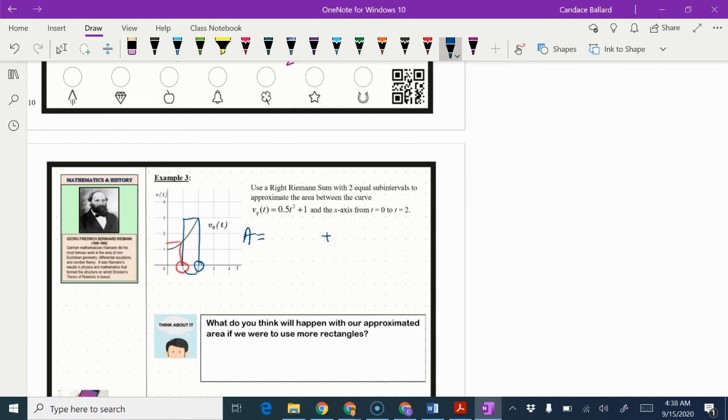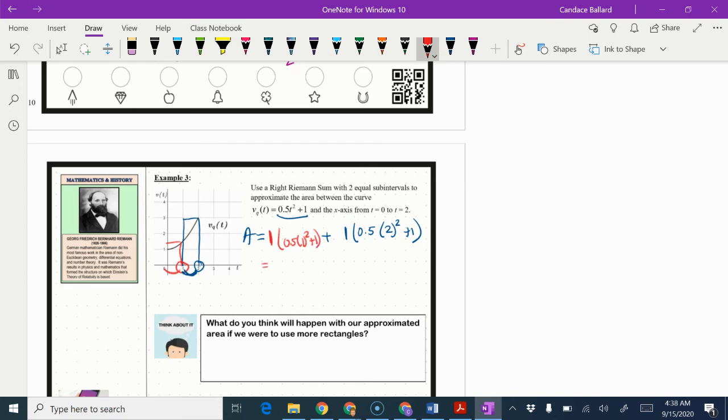So the distance in between, or the base of my rectangle, is 1. And I'm going to plug into this function. So 0.5 times 2 squared plus 1. And then the distance in between is still 1, and then I have 0.5 times 1 squared plus 1.